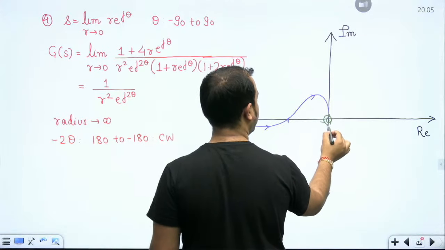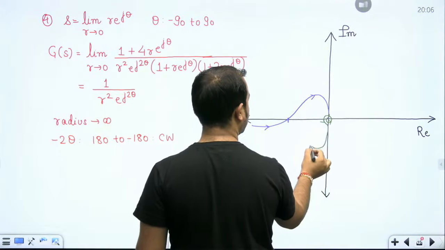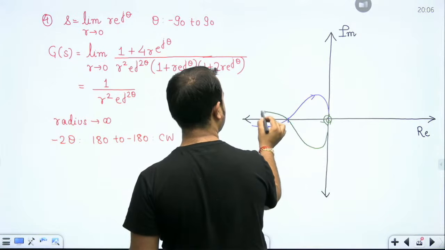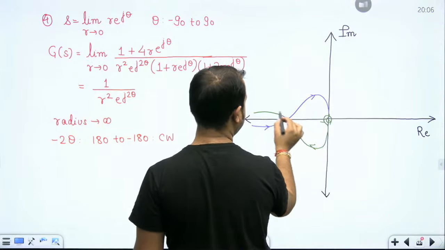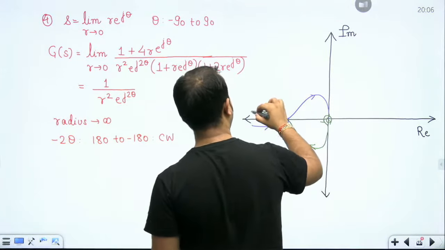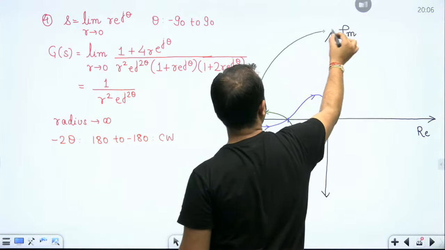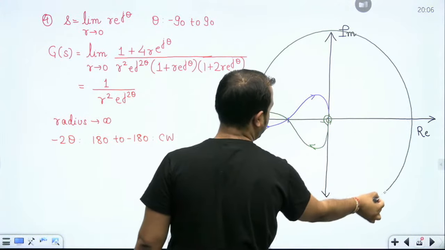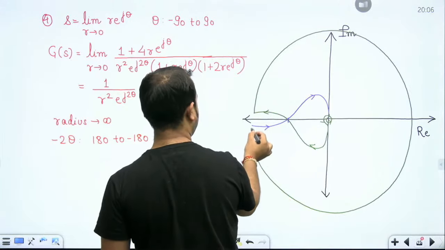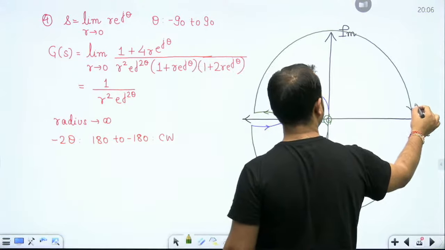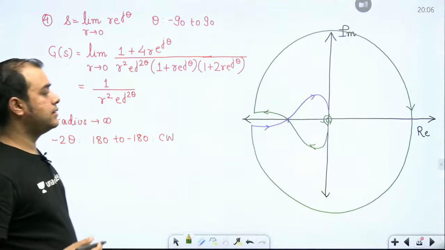Okay, then we will have the inverse polar plot like this. And then, my dear, we will have one infinite clockwise circle. Like this.